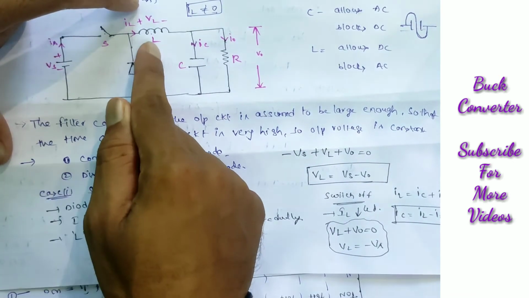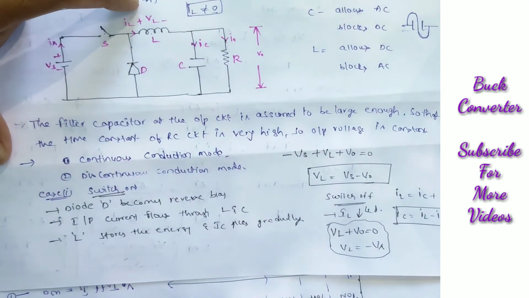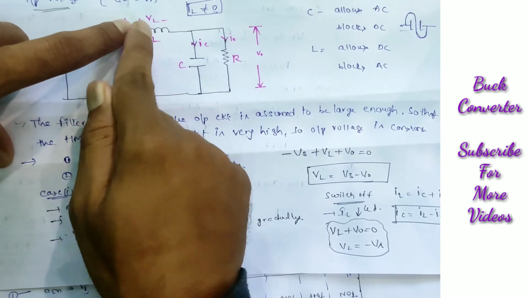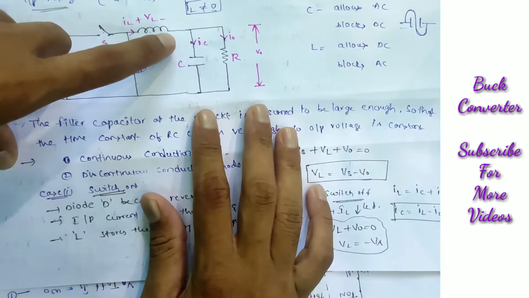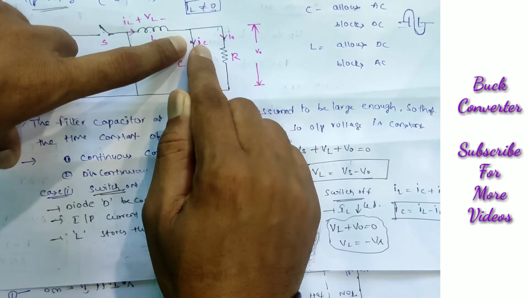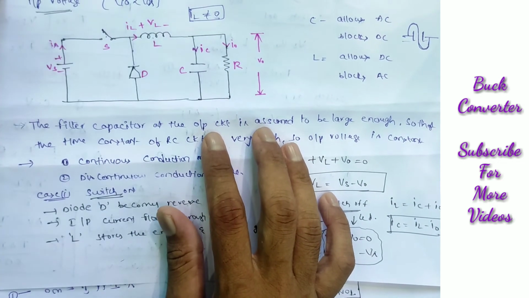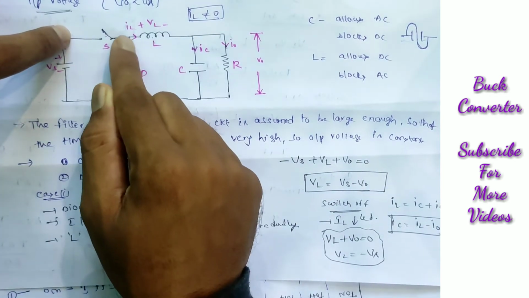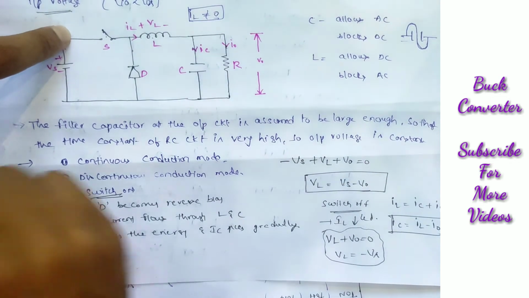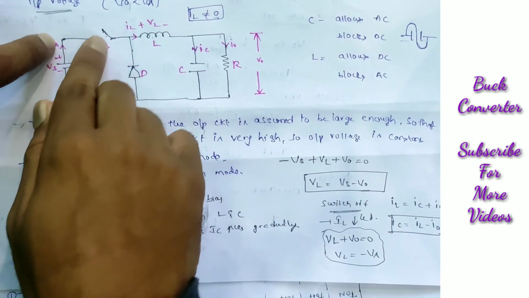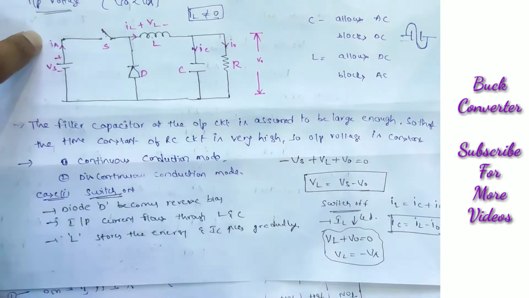In this case, the inductor stores the energy. Due to the energy stored in the inductor, the IC current, that is the capacitor current, gradually increases. When the switch is closed, the current equals the IL current.